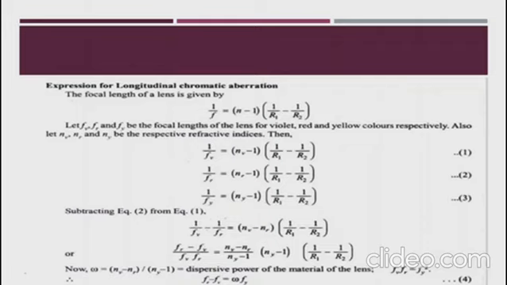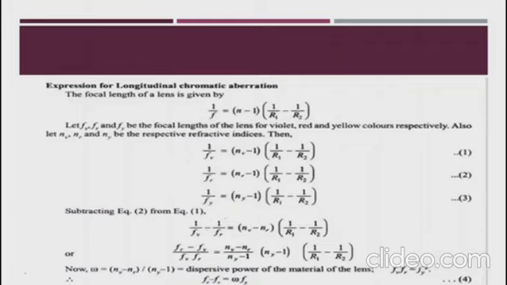1/Fv = (Nv - 1)(1/R1 - 1/R2), this is the first equation. 1/Fr = (Nr - 1)(1/R1 - 1/R2) is the second equation. And finally 1/Fy = (Ny - 1)(1/R1 - 1/R2) is the third equation.